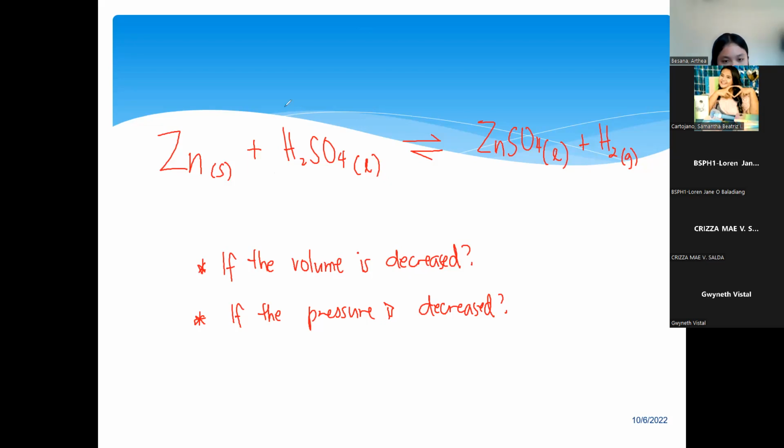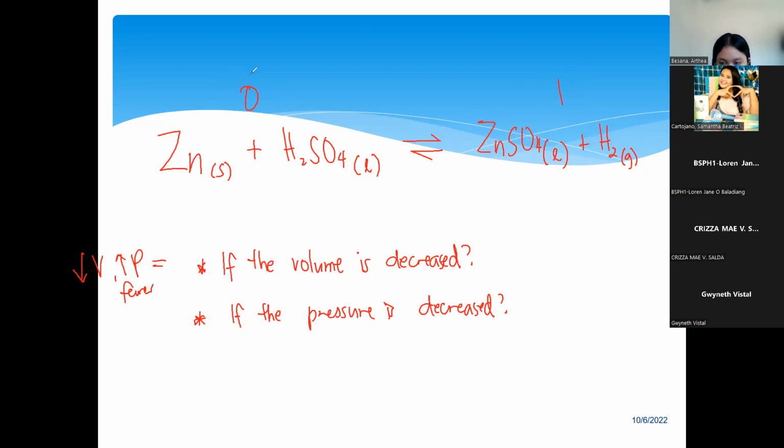So remember class, on this side, wala tayong gaseous molecule. So 0 talaga yan. This is a solid, this is a liquid. But on this side, you have 1 mole of gas. So if the volume is decreased, the pressure will be increased here. The shift will be on the fewer moles of gas.